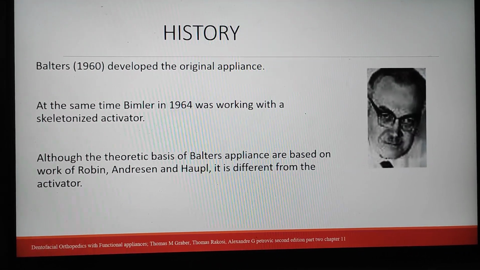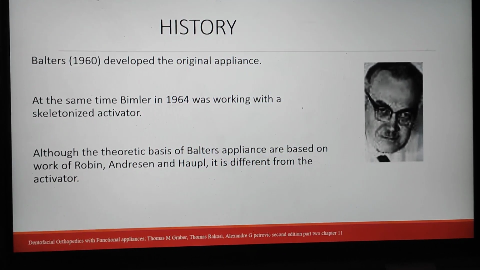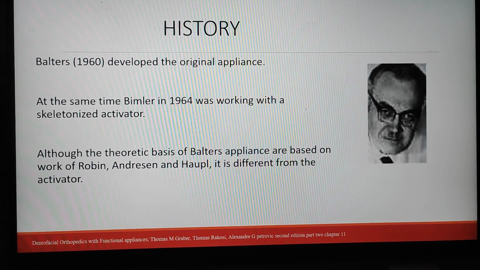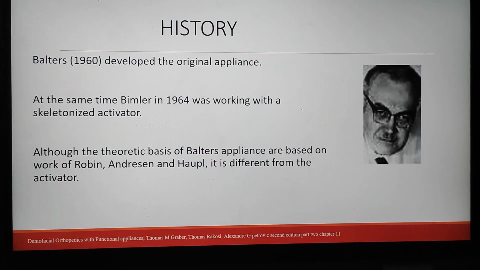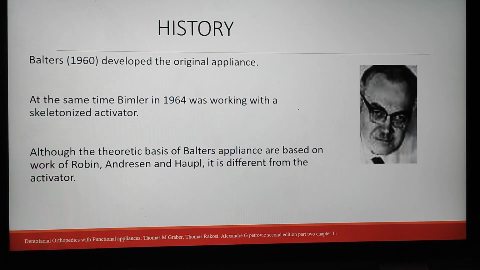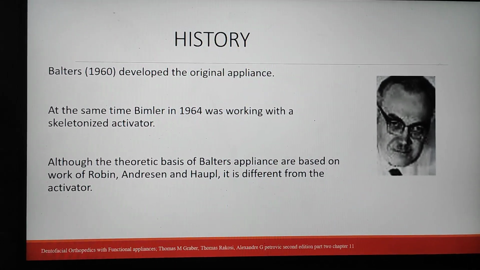Balters in 1960 developed the original appliance, whereas Bimler at the same time in 1964 was working with a similar appliance called the skeletonized activator. Although the theoretic basis of Balter's appliance is based on the Robin, Anderson and Hoppel concept, it is different from that of the activator.